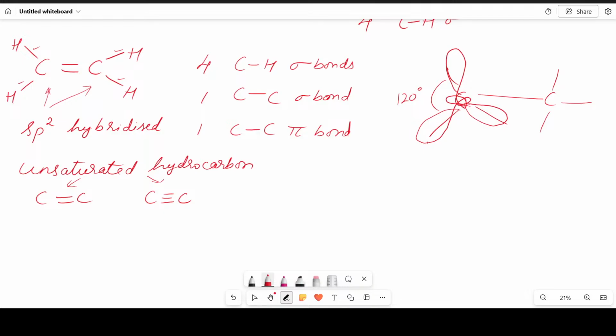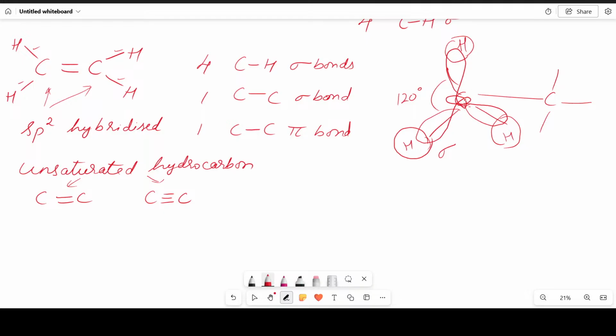Okay, and you see that there is a sigma bond, the overlap between the s orbital of hydrogen and the hybrid orbital.